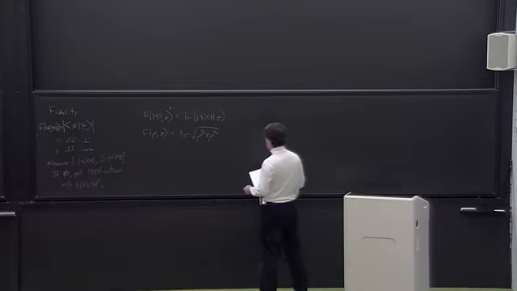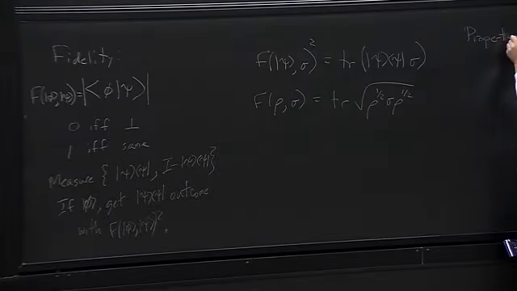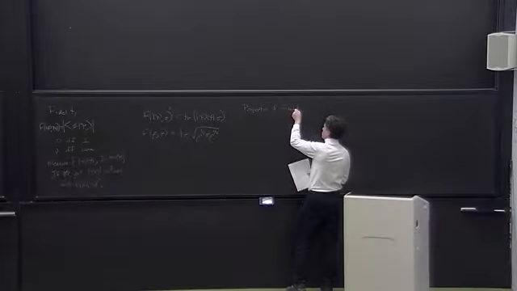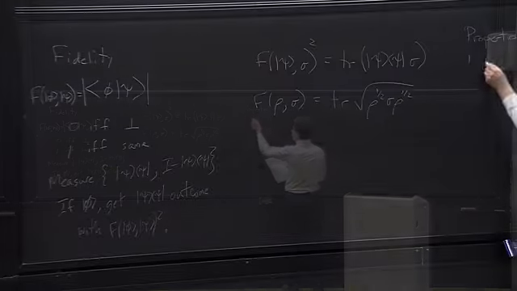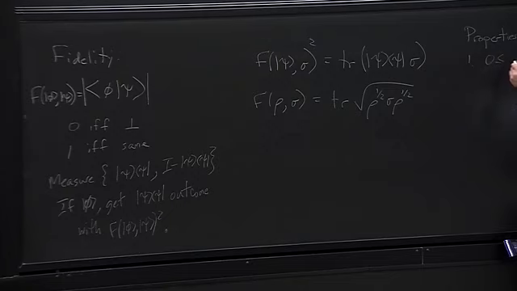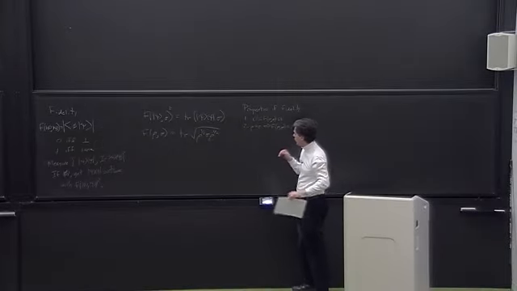Let me put them over here. So first of all, it's always between 0 and 1. And it's equal to 1 if and only if rho equals sigma.